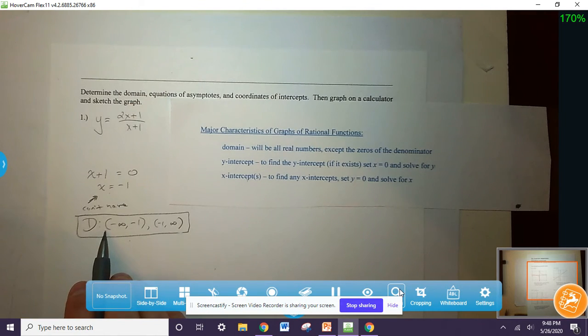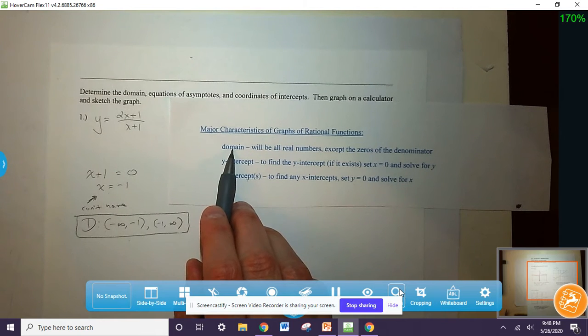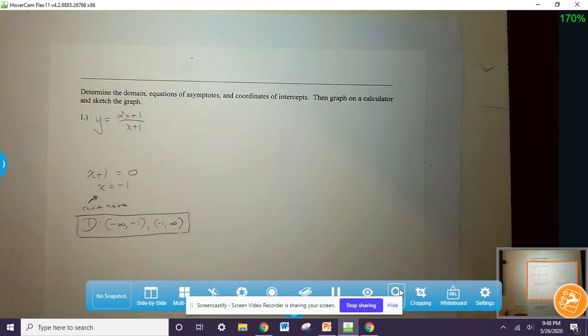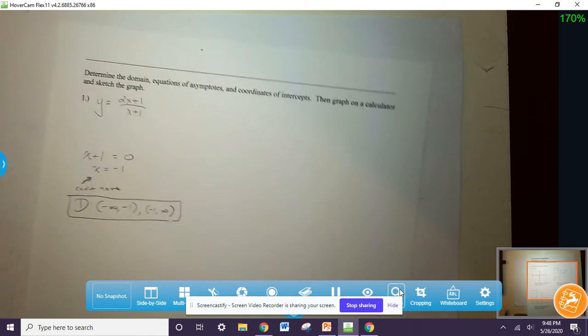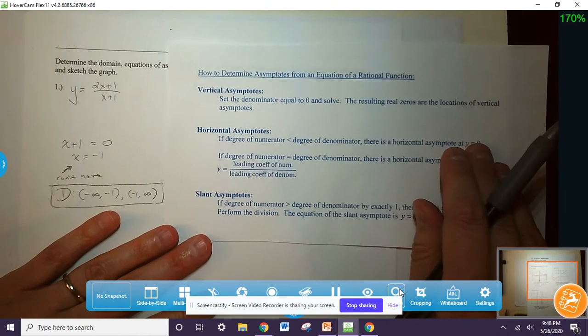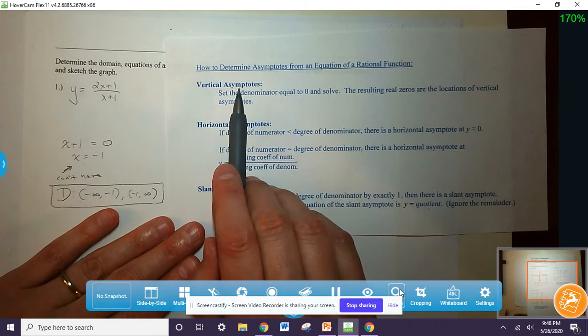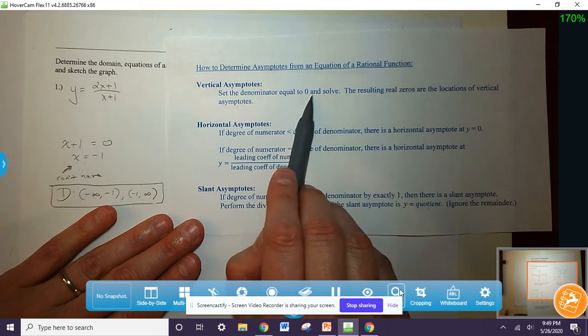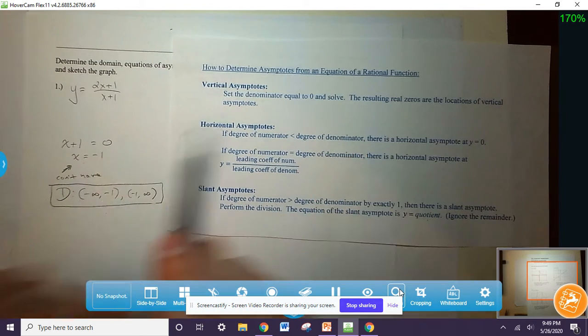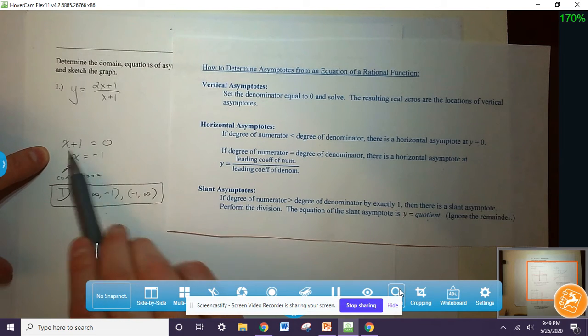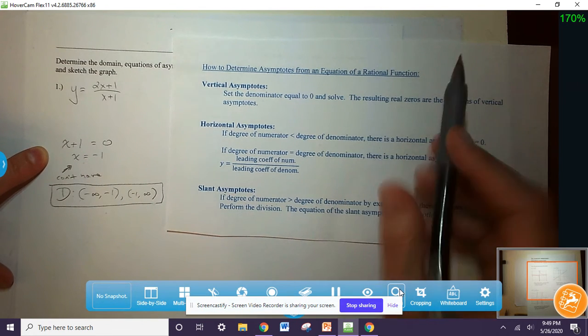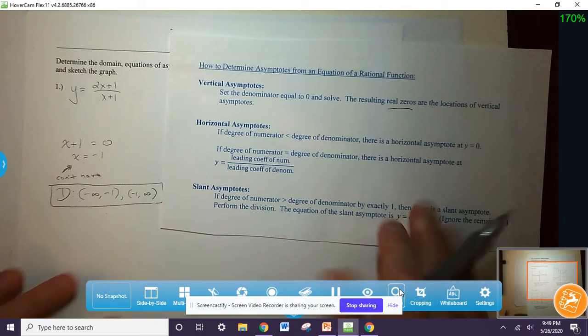Now, when I find the domain, I like to, right at that point, find the locations of any vertical asymptotes. The reason is, if you look at the notes for vertical asymptotes, to find where they are, you set the denominator equal to 0 and solve. So check that out. We just did that. The resulting real zeros are vertical asymptotes.